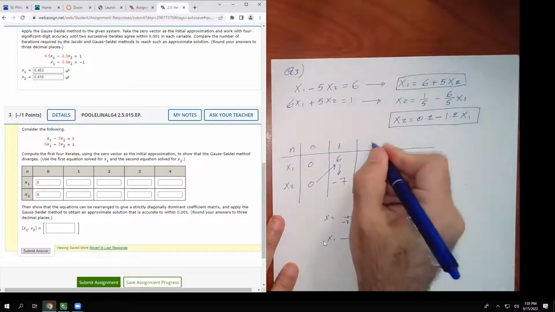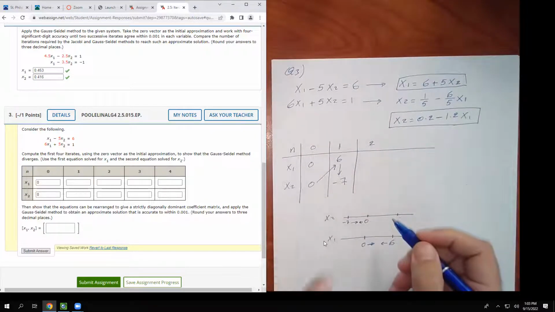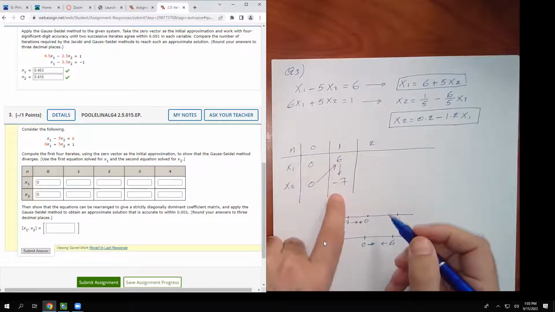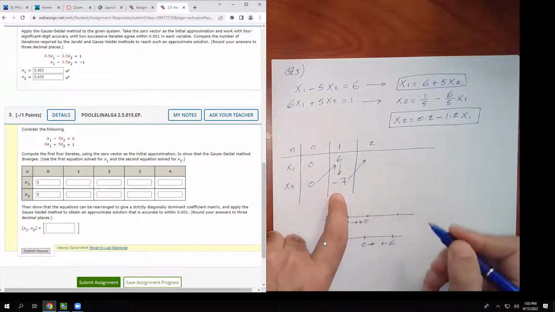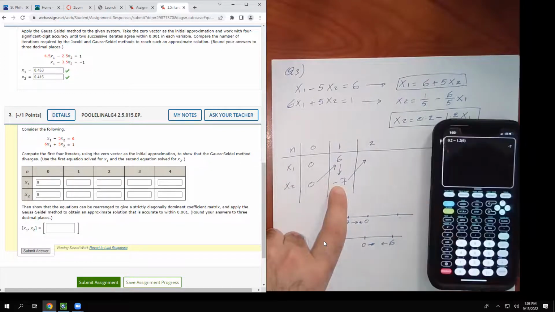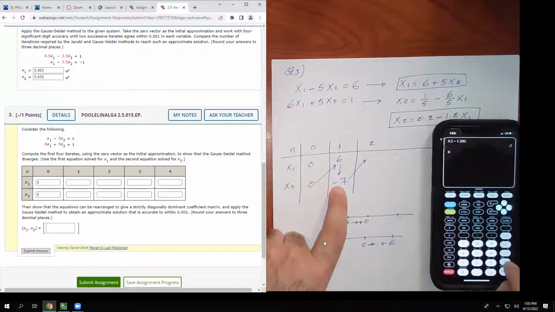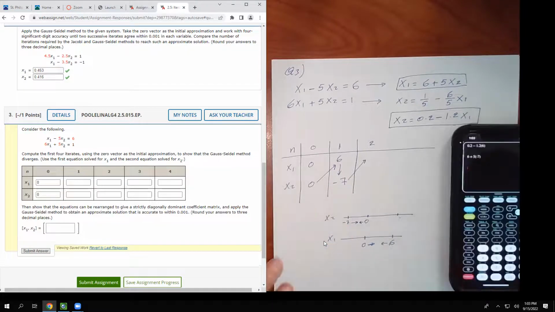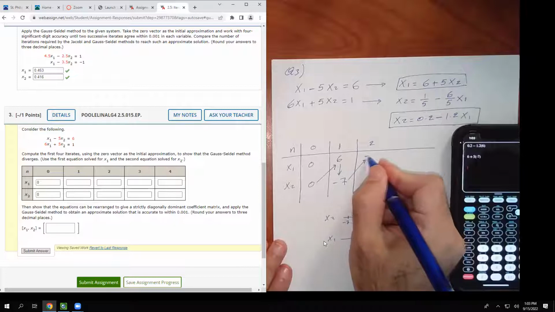Then the second iteration, I'm going to use x2 to find x1. I'm going to plug in negative 7 here. So it's going to be 6 plus 5 times negative 7. And the result is negative 29. So here is negative 29.